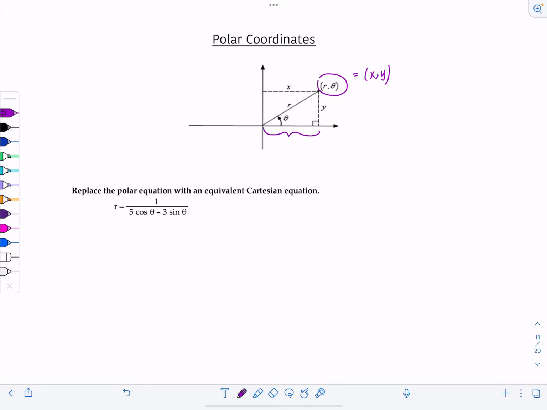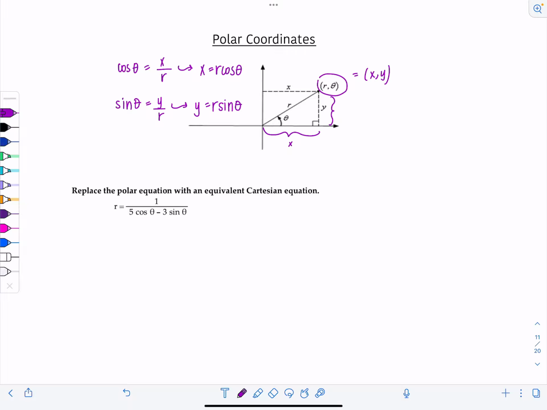This side of the triangle is x, the adjacent side with respect to the theta that's drawn there, and this y here is the opposite side. So you can see cosine theta is adjacent over hypotenuse, x over r, which is where we get x equals r cosine theta, one of the equations that we use when converting back and forth. Similarly, sine of theta is y over r, so y equals r sine theta.